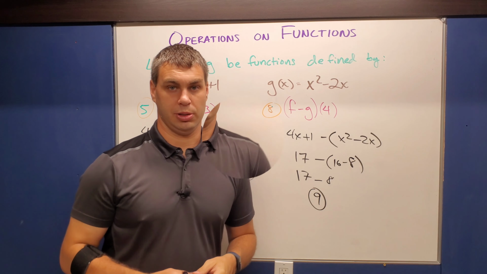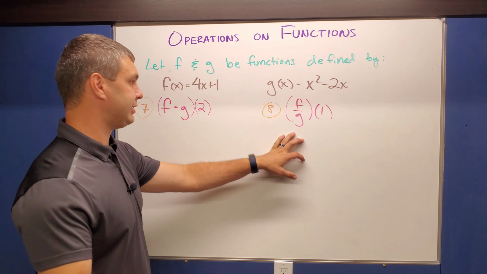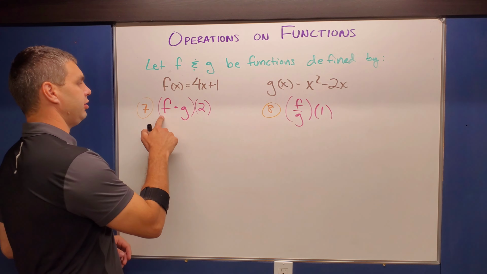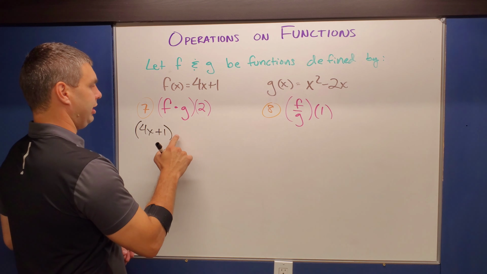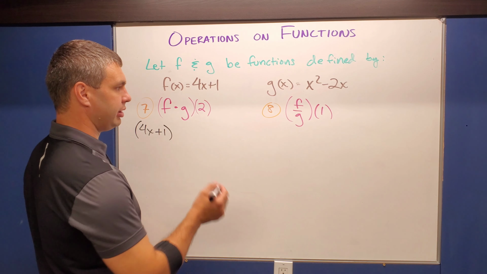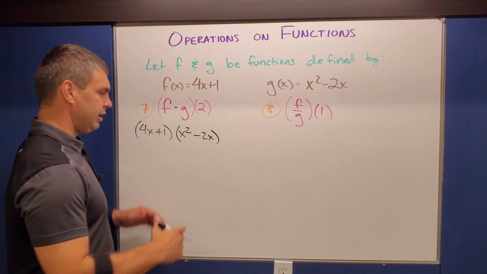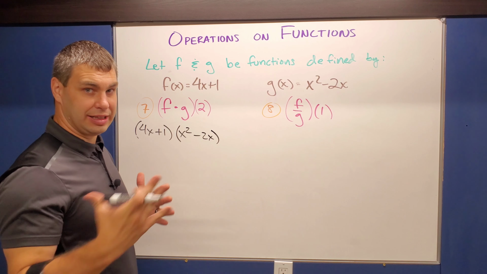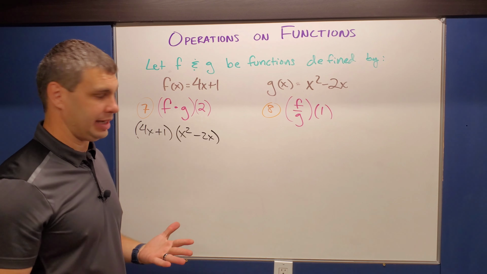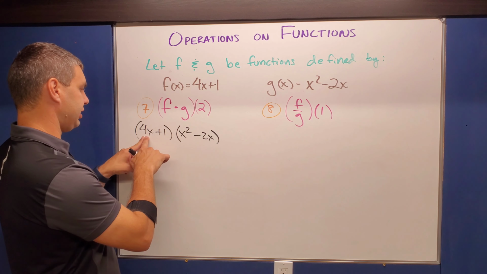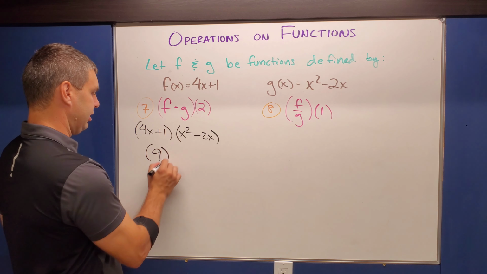All right, let's do a couple more. Last couple problems. We have one that's multiplication and one that is division. We're going to do this the exact same way. This first one, let's do f, which is 4x plus 1, times g, which is x squared minus 2x. We could FOIL this together, but I think an easier way would be to insert my 2 right away and see what I get out. 4 times 2 is 8, 8 plus 1 is 9.